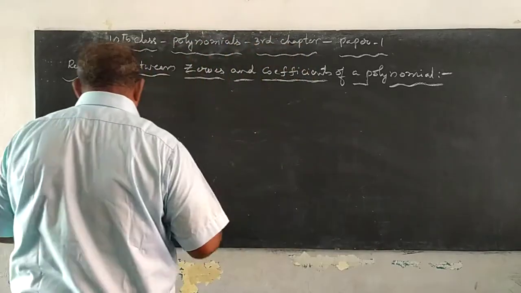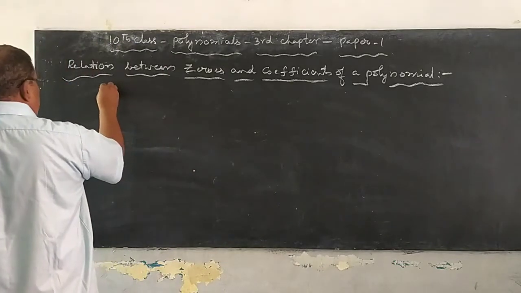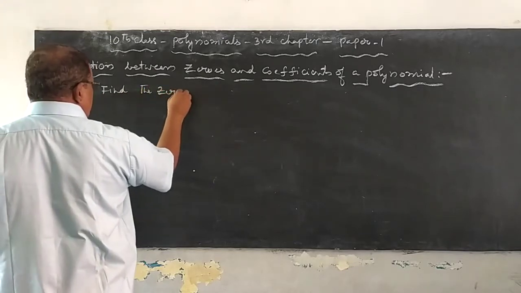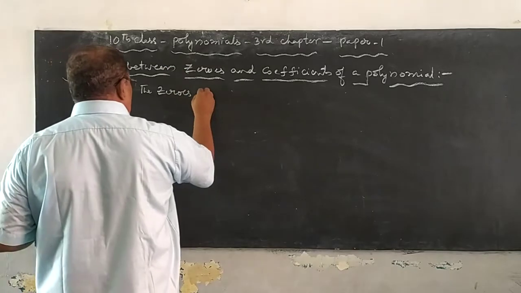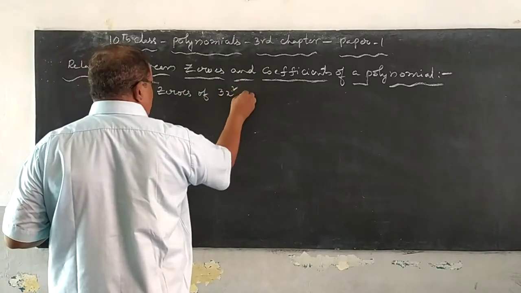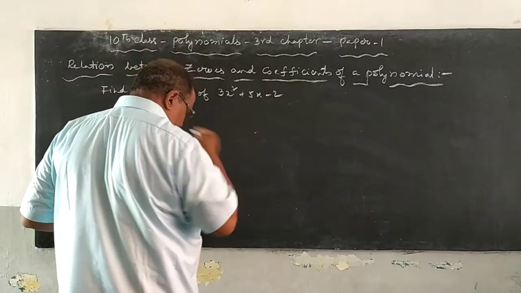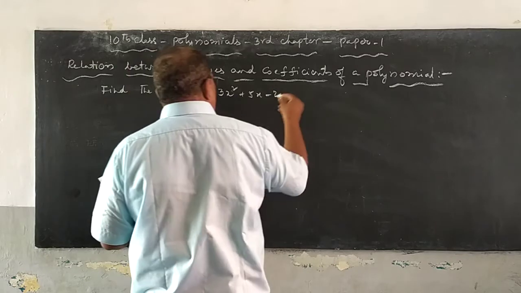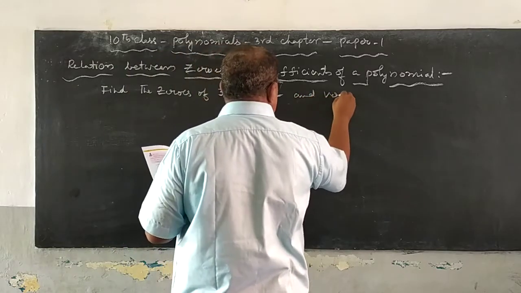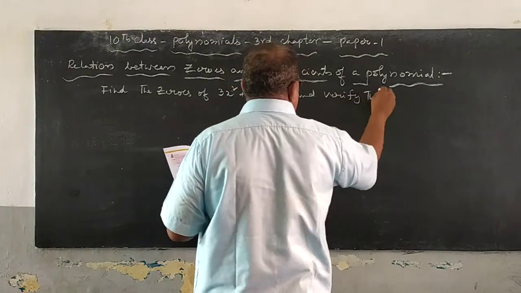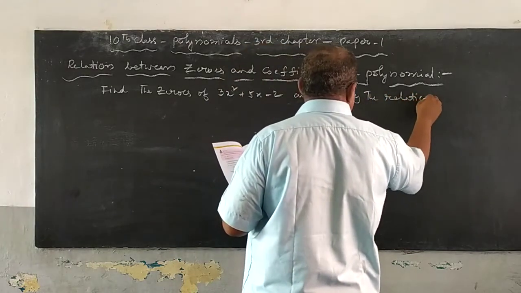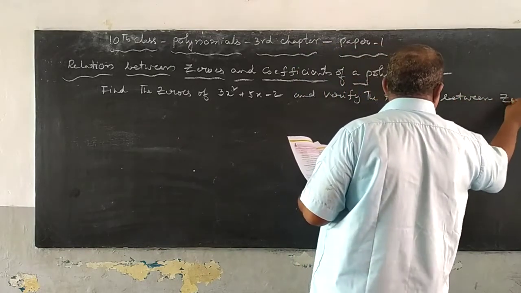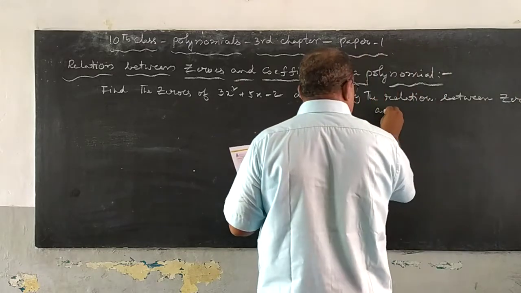So, the problem is: find the zeros of 3x square plus 5x minus 2 and verify the relationship between zeros and coefficients.